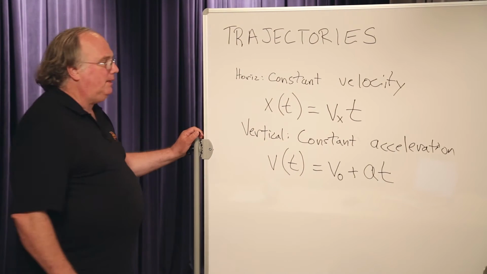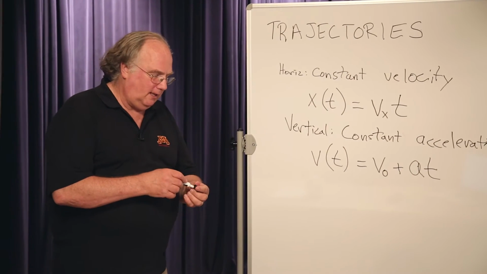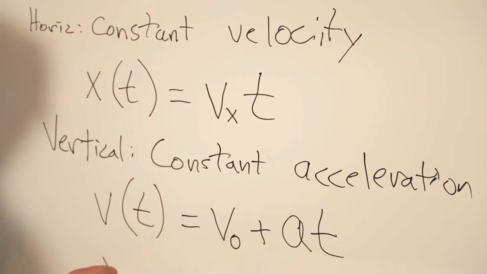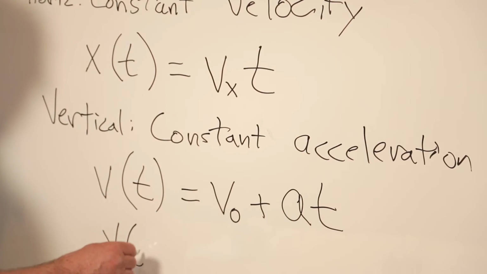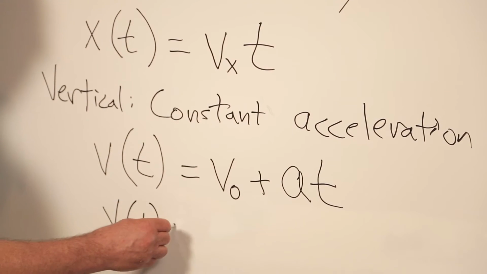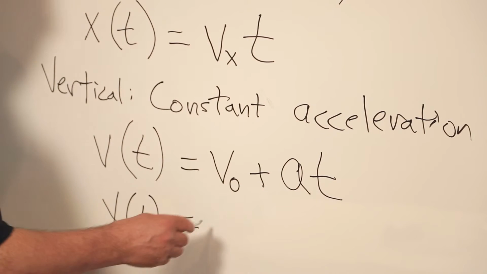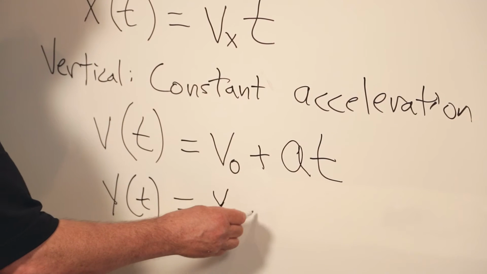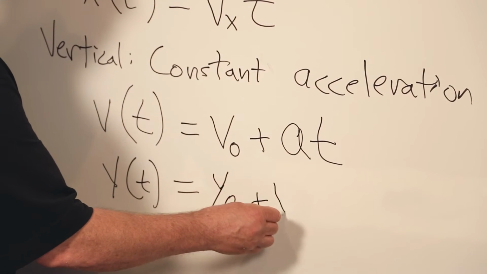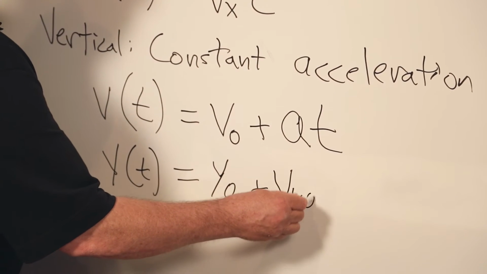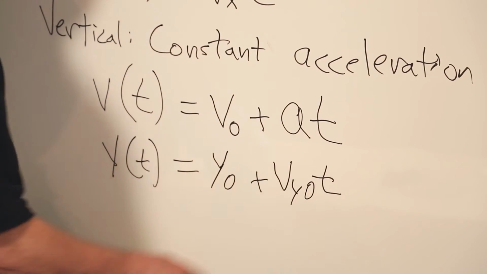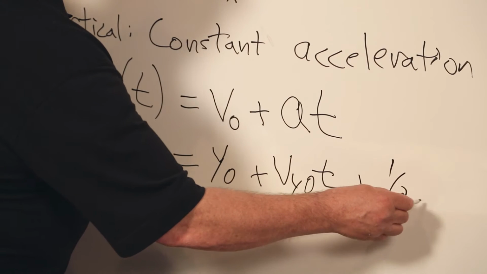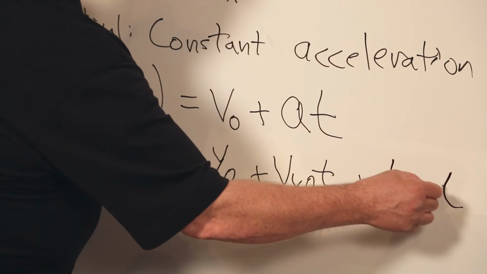And because while the thing is accelerating, it's also moving, we have a formula for the y position at different times t. That's given by whatever y is when you start the process plus the initial y velocity times time plus 1/2 a t squared.